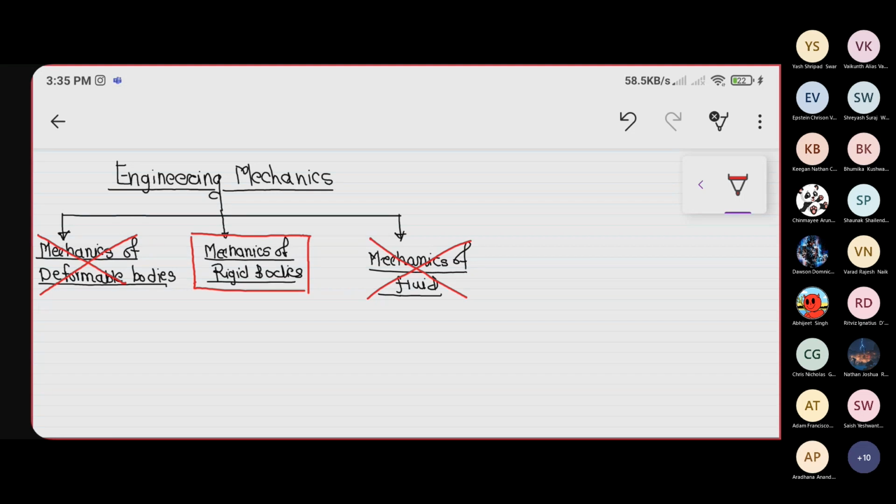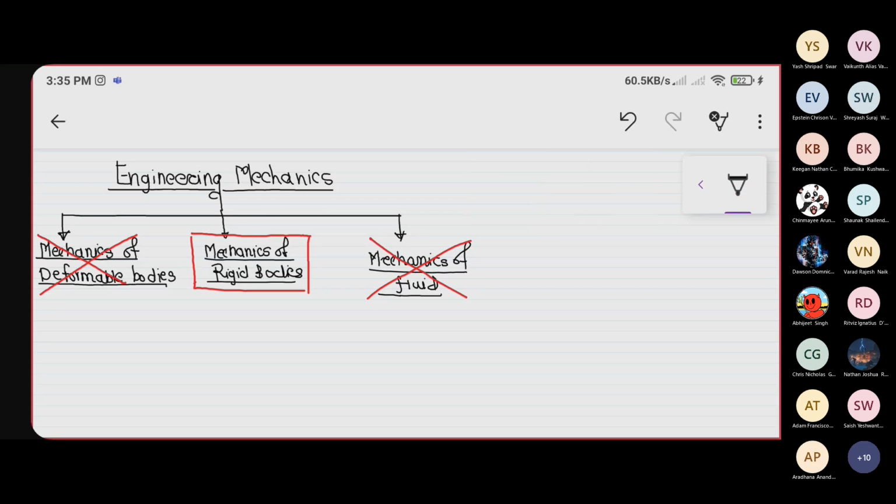I will explain that during class with proper examples, so don't worry. Be there tomorrow, I'll explain this. But today we are just going to classify the basics.